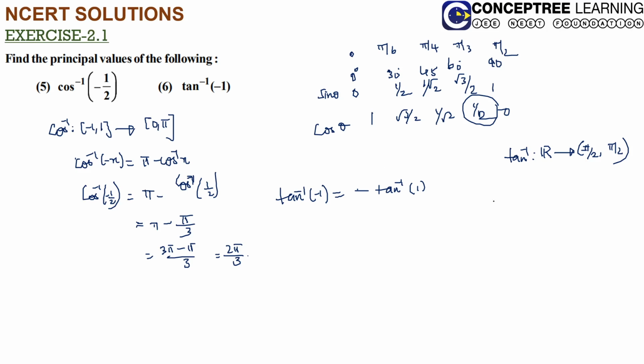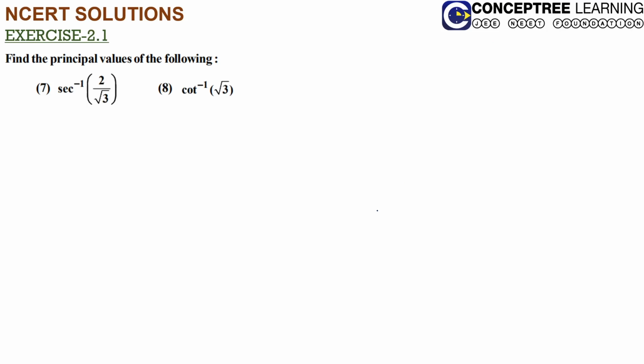So the formula is tan inverse of minus x is equal to minus tan inverse of x. That is equal to minus tan inverse of 1. For what value is tan equal to 1? Tan 45 degree is 1, tan pi by 4. So this is minus pi by 4 is the answer.